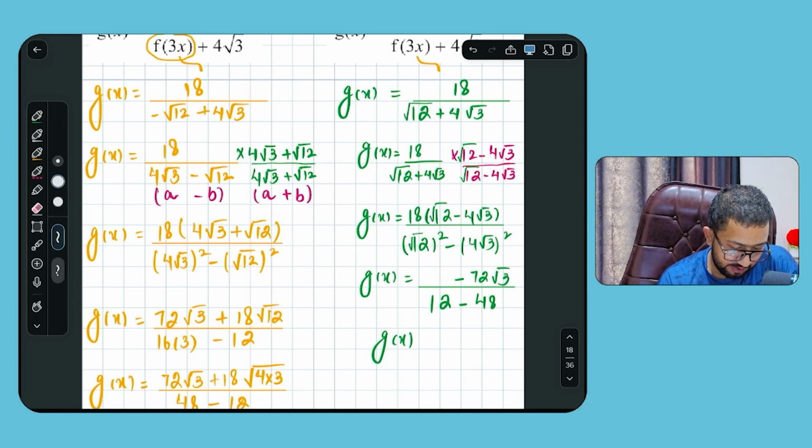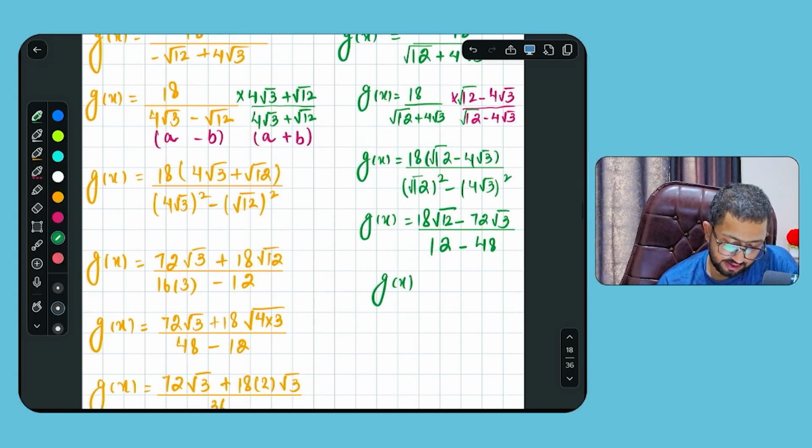Now it's okay, I think. So when 18 will multiply in the numerator inside the bracket, it will become 18 square root 12. Perfect. So 18 square root 12 can be written as 4 times 3. Square root 4 is 2. So 48 minus 36.